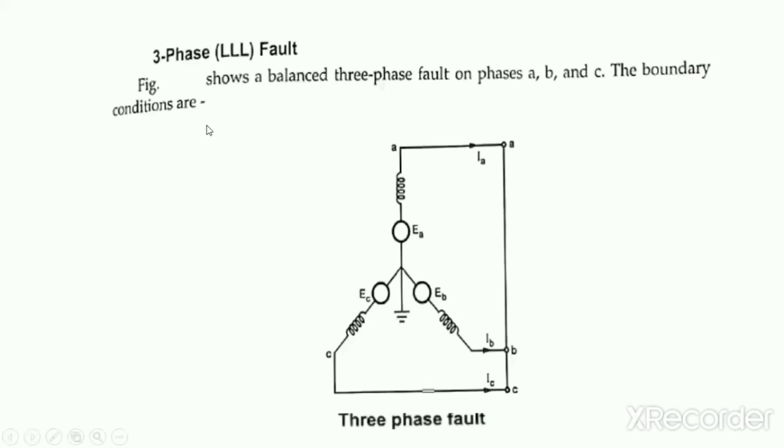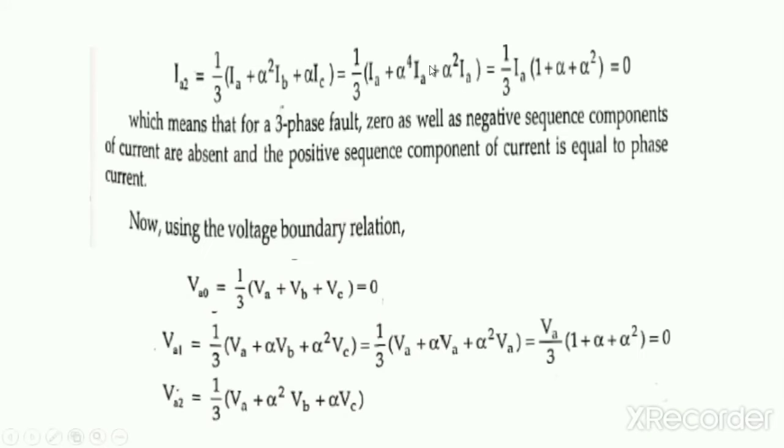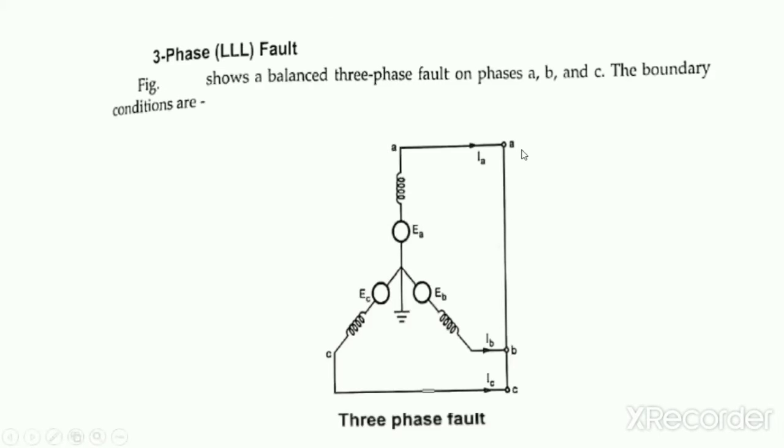Therefore, what are the conditions that will be calculated for these faults? That is IA plus IB plus IC is equal to 0. We know IA plus IB plus IC. Why? Because we are considering that it will be equal to 0. There is a fault obtained in between all the phases.